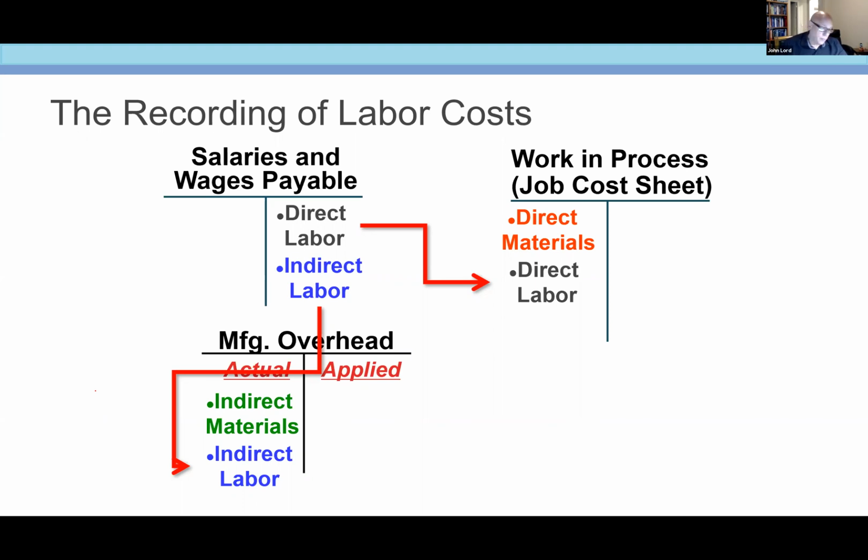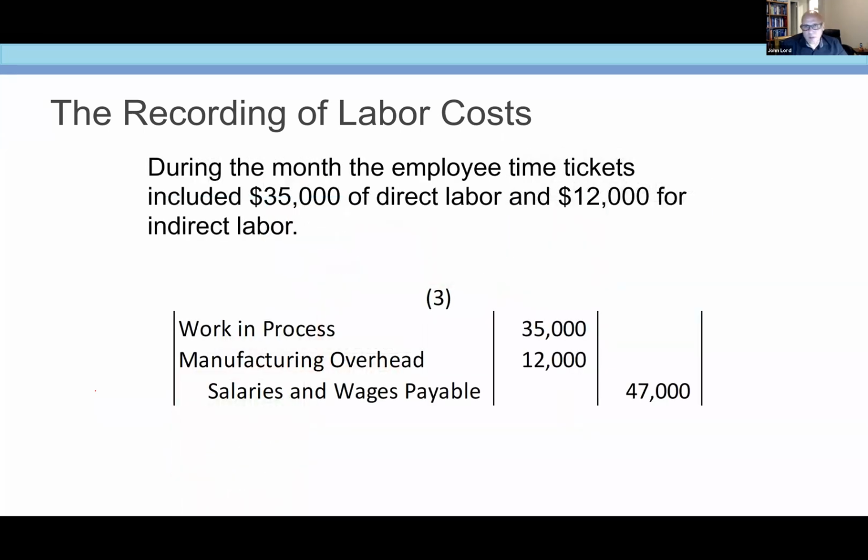For the indirect labor, like the supervisor's salary, we're going to debit the manufacturing overhead account. So we had 35,000 of direct labor that went to work in process, 12,000 of indirect that went to manufacturing overhead, and of course you credit the payable. And later on, when you pay these guys, you'll debit the payable, you'll credit the cash, right?